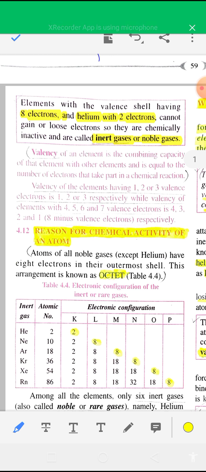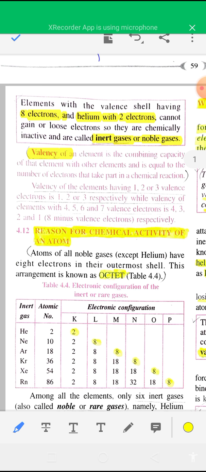Except helium, which has only 2 electrons in its valence shell, all the other noble gases have 8 electrons in their valence shell. So these noble gases cannot gain or lose electrons. That is why they are chemically inactive.